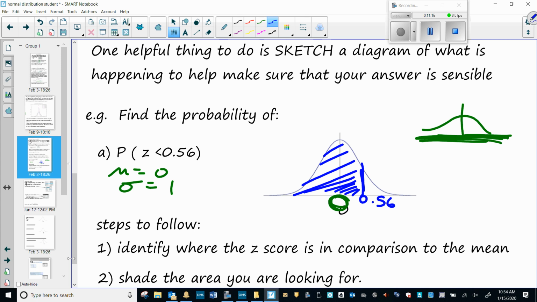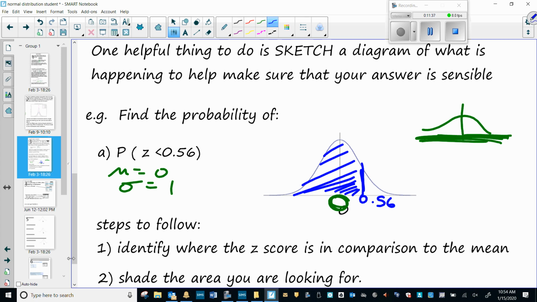So we're not 100% sure where 0.56 should have been, but Leah, you randomly said 80%. More than half. This is what I was looking for. We know that our answer has got to be more than half. We may have drawn this in completely the wrong place, but we know it's more than 50%.